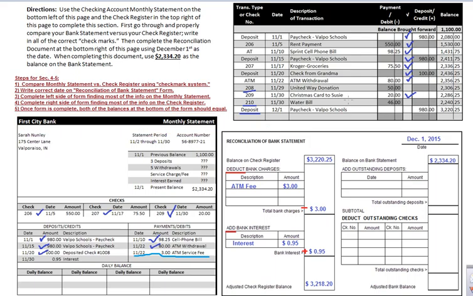How do we find them? We go back and look at our check register. So what you're looking for over here is any deposit that doesn't have a check mark. If it does not have a check mark, then we're going to fill it in this box right here. And it just so happens there's one. Right here. This deposit is missing a check mark.